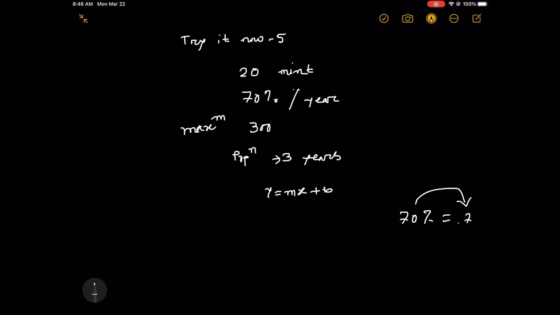But how can you use it here? Because that's the growth rate, and then it would be plus 20 because 20 is the starting amount. 20 is the starting amount, and it's the same as b if you compare it with the equation, but m is not the growth rate. Well, that's as far as I got.